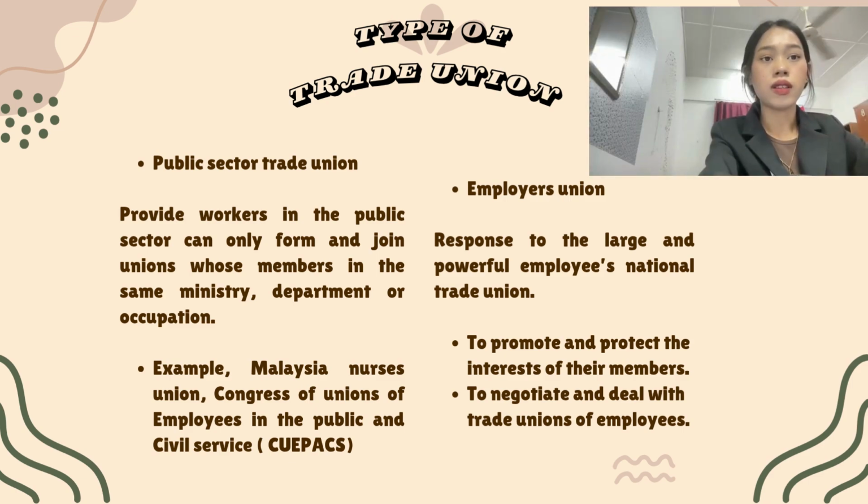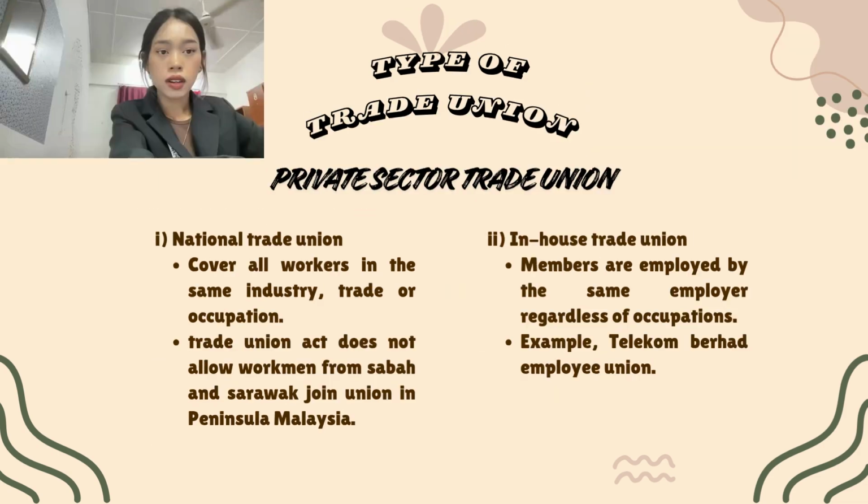Second is employer unions. They respond to the large and powerful employee national trade unions. They promote and protect the interests of their members to negotiate and deal with trade unions of employees. Lastly is private sector trade unions.